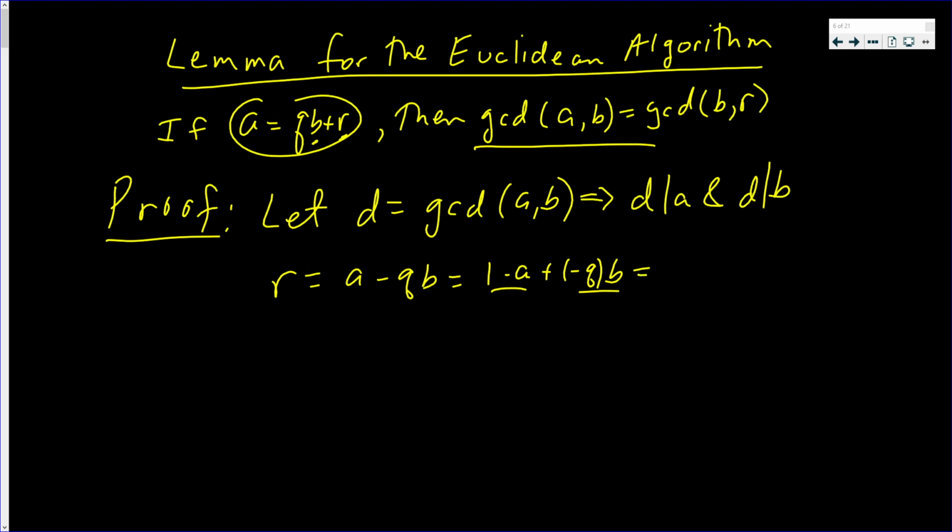Well, this implies that R divides D, because all linear combinations of A and B are multiples of D. We proved that.